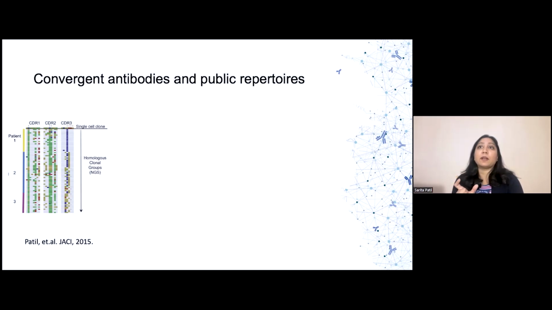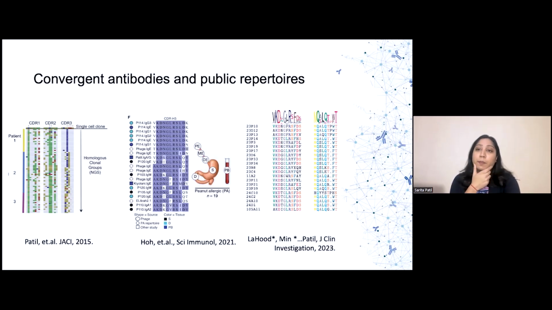And if you even looked at the other CDR regions, CDR1 and 2, they also were very similar in their amino acid properties, suggesting that there was convergent evolution of these antibodies towards this small 18 kilodalton immunodominant peanut protein, ARA-H2.